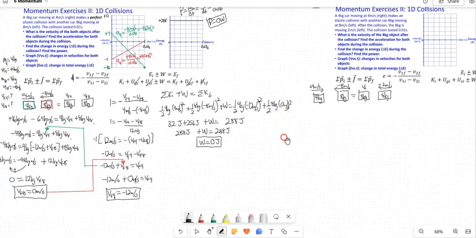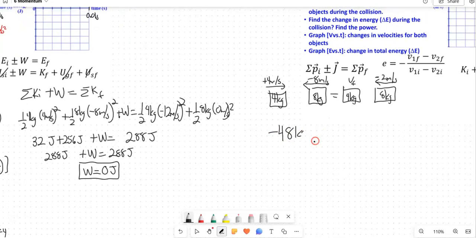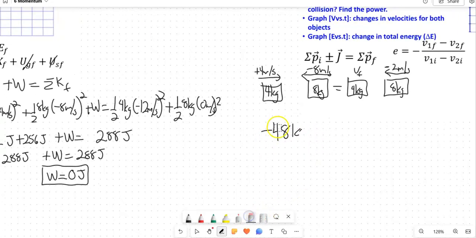this momentum right here is going to end up being negative 48 kilogram meters per second. So we already know that, and I'm doing this for the sake of time, since there is no change in these problems. I'm going to write that number again, but smaller.